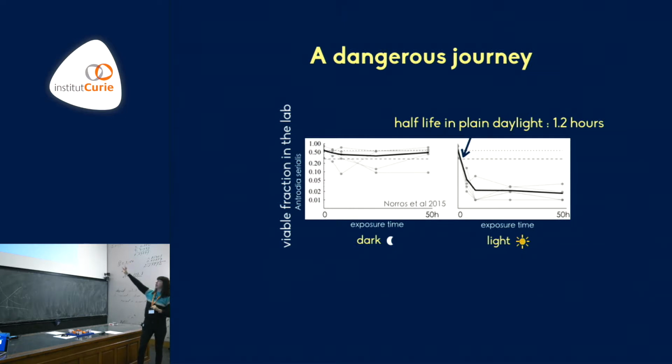This is the comparison of the fraction of spores that was alive after exposing them to light. The left one is a control, no light. The right one is the experiment done trying to reproduce the daylight in the environment where the spores were isolated. So it looks like these spores only live an hour in the daylight.